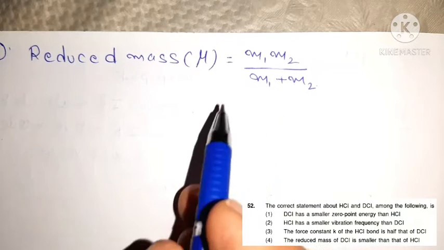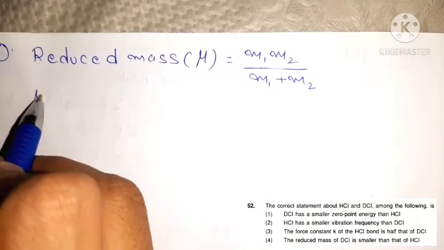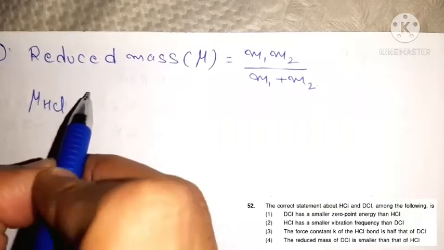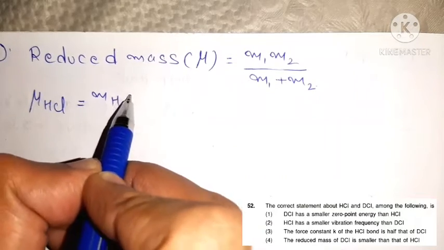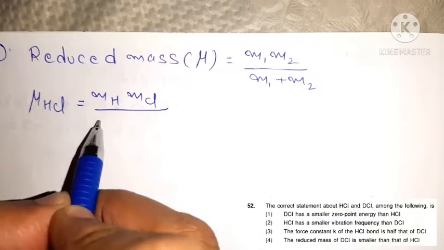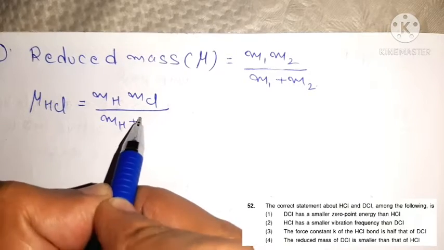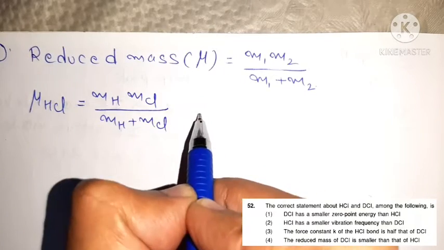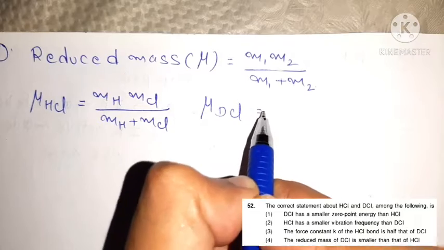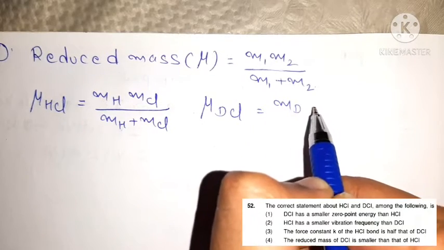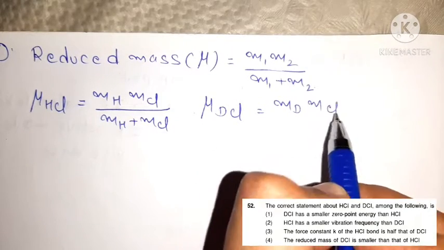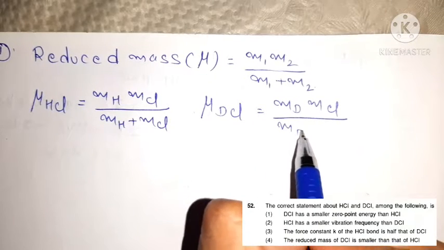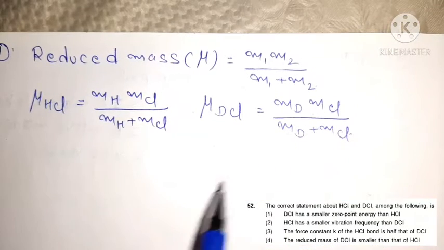Understand? Okay, so that means the reduced mass of HCl is equal to mass of hydrogen multiplied by mass of chlorine divided by mass of hydrogen plus mass of chlorine. And similarly, the reduced mass of DCl will be given by the mass of deuterium multiplied by mass of chlorine divided by mass of deuterium plus mass of chlorine.